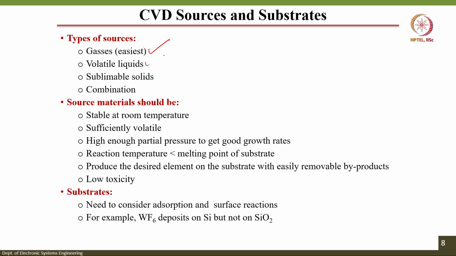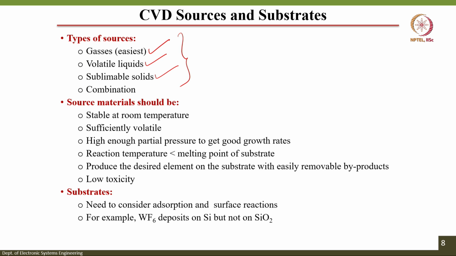Also, the source can be in the form of a volatile liquid, so that the liquid evaporates, or it can be taken in a bubbler, it evaporates, and using a carrier gas this vapor can be taken to your chamber. Also, you can use a solid which is sublimable in nature, so that it can be directly converted to vapor form and the vapors can be taken for the reaction. Or you can use a source that is a combination of gaseous, liquid or solid forms.